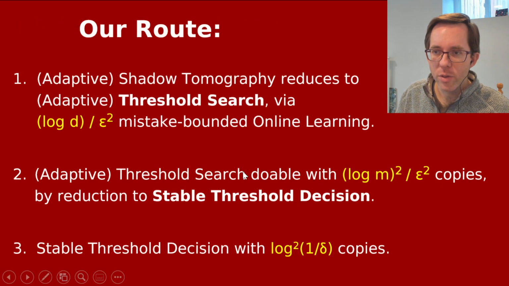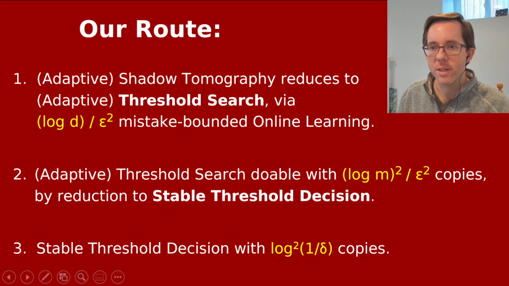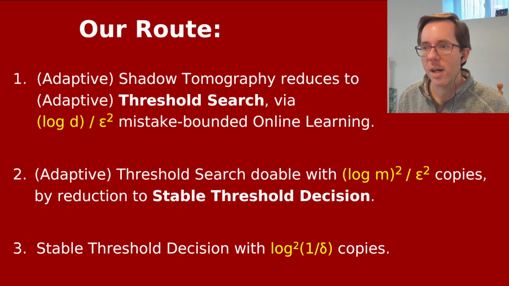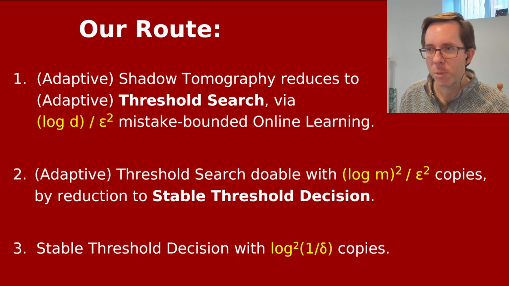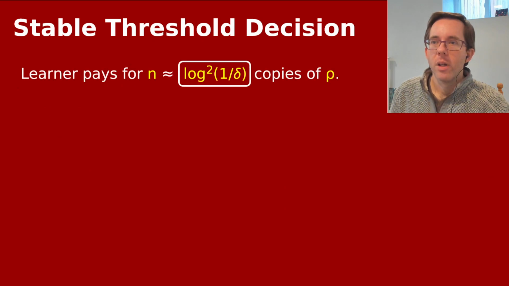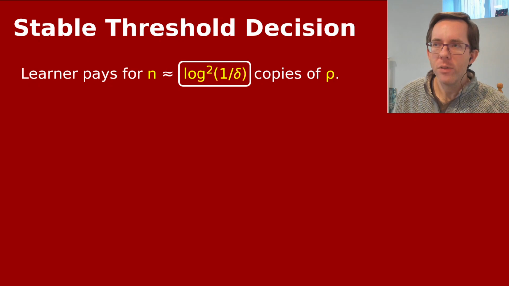Okay, which brings us to the final split of our route, which is solving this stable threshold decision problem with a number of copies which is log squared 1 over delta, where delta is a parameter I haven't explained yet, but I will in a moment. Okay, so let me tell you our stable threshold decision result at a high level.